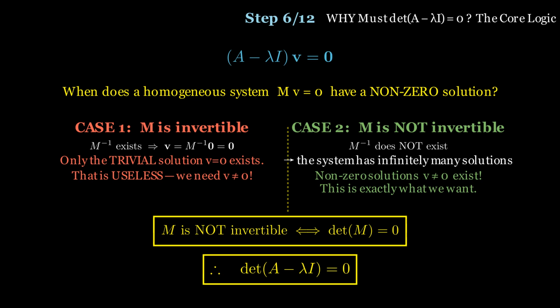If M is not invertible, the system has infinitely many solutions, and non-zero solutions exist. That is what we want. From linear algebra, a matrix is not invertible if and only if its determinant is 0. Therefore we must set the determinant of A minus lambda I equal to 0. This is not arbitrary. It is the precise condition for non-trivial solutions.